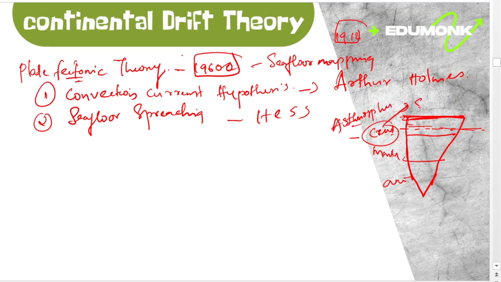The crust is solid, and the asthenosphere is plastic. So the solid portion of the crust moving above the plastic layer of Earth is known as the plate tectonic theory. Simply said: the solid crust moving above the plastic asthenosphere is known as plate tectonic theory.